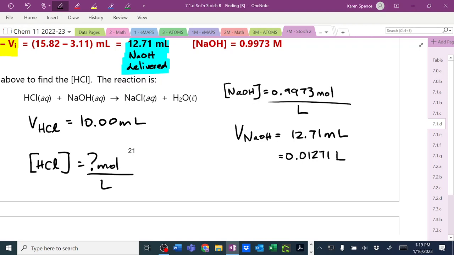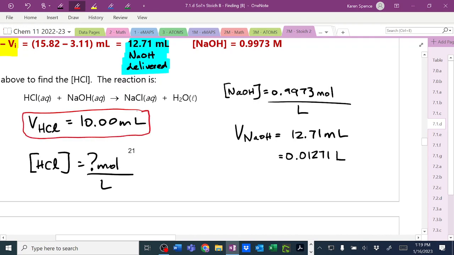Out of these four things, which one am I going to use as my initial quantity? Is it going to be 10 milliliters of HCl? Is it going to be 0.0171 liters of the NaOH?